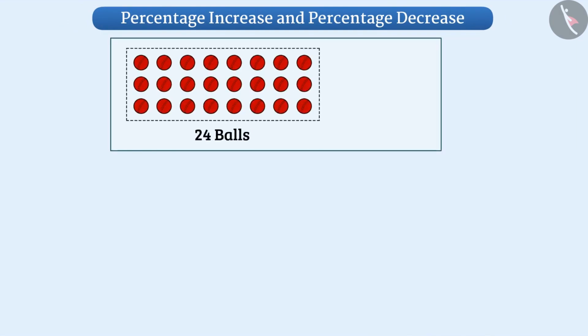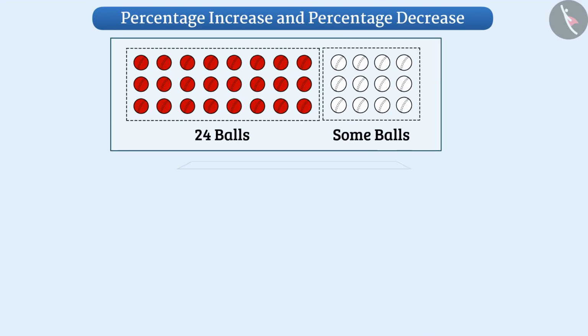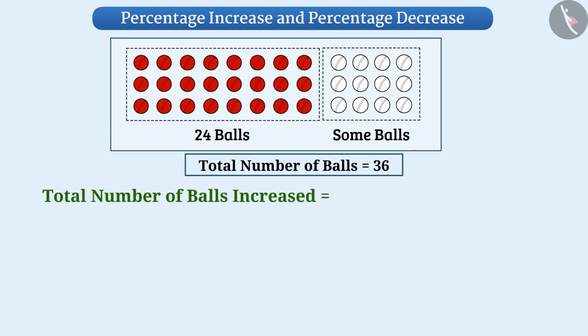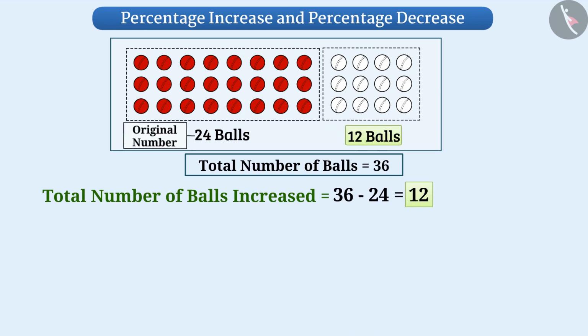Let's know about percentage increase and percentage decrease. In the box, there are a total of 24 balls. After putting some white balls, the total number of balls increased to 36. In this way, the total number of balls increased by 36 minus 24 is equal to 12. That is, 12 extra balls were kept. Since the original number has increased, we will take the original number as the base.